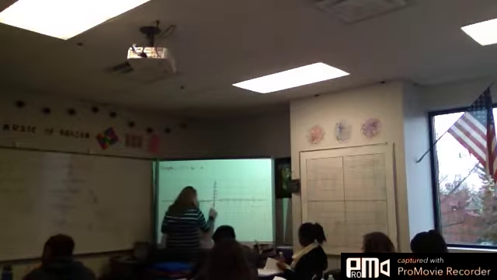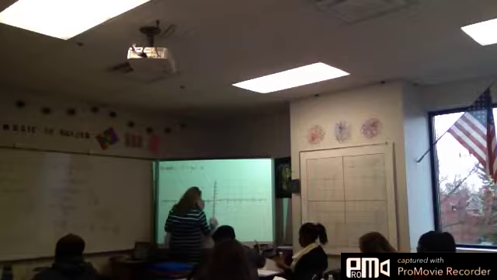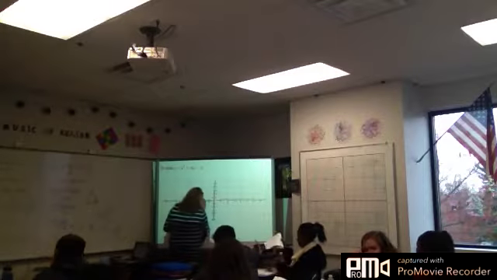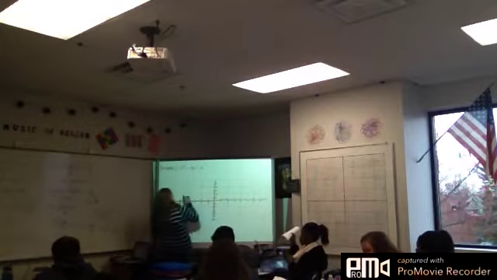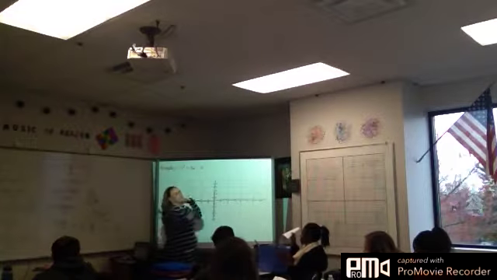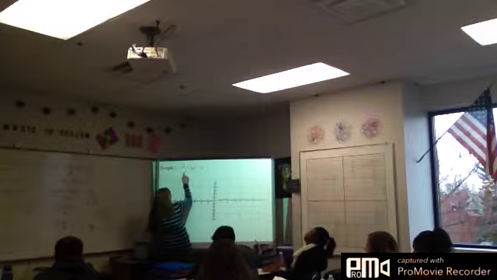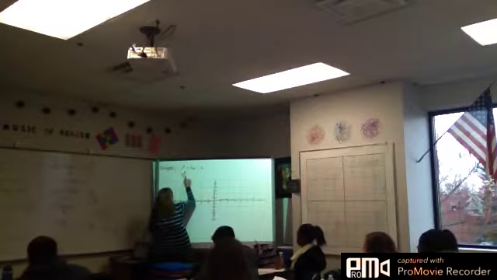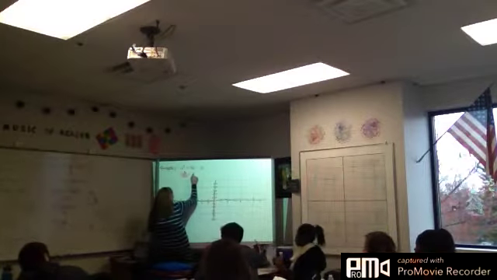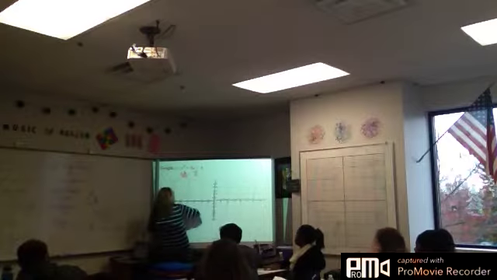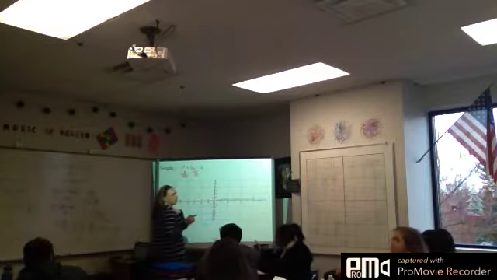Standard form, so I have to take negative b over 2a. Negative 3 over 2 times 1, so you're going to get negative 3 halves. So negative 1.5 is your x.